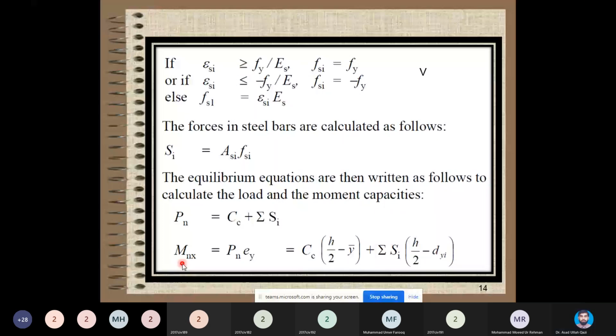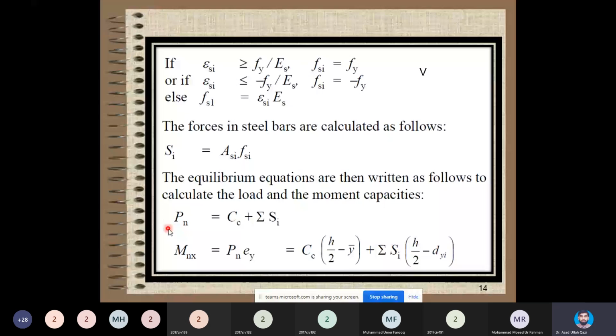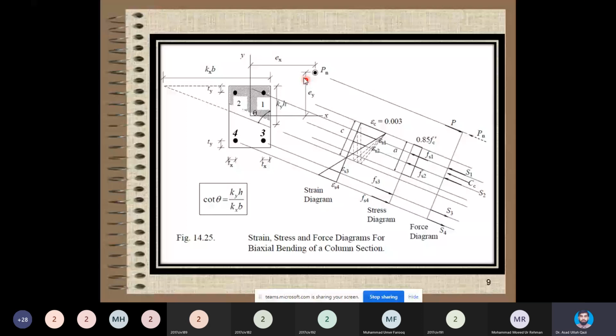I have inserted these slides in your presentation just to give you a brief review: if you want to get one point on the surface, Pn, Mnx, Mny, and this is the diagram you are working on, then this many steps and calculations are important.